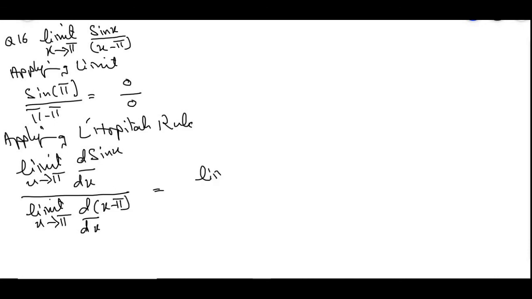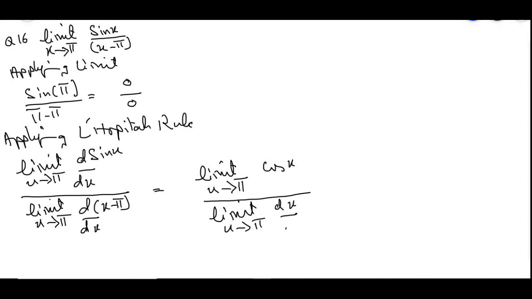Limit x approaches to pi, and the derivative of sine is cos x, whole divided by limit x approaches to pi of dx over dx minus d pi by dx.